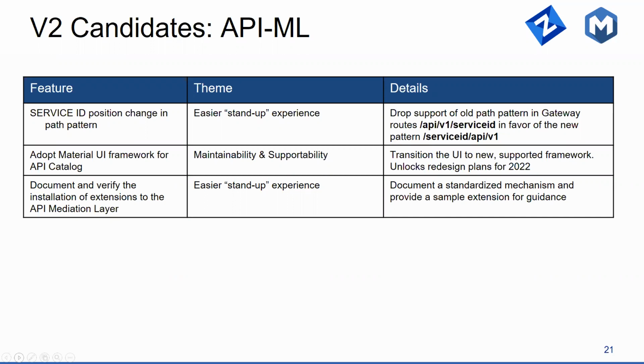So what we want to do is document a standardized mechanism for extending the mediation layer, and that will include a sample extension as well. The squad will still be available, obviously, to guide anyone through that development, but at least we'll have some hopefully concise and coherent documentation plus the sample to help folks do that.